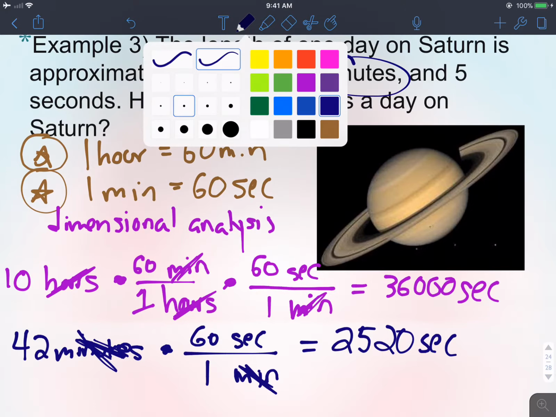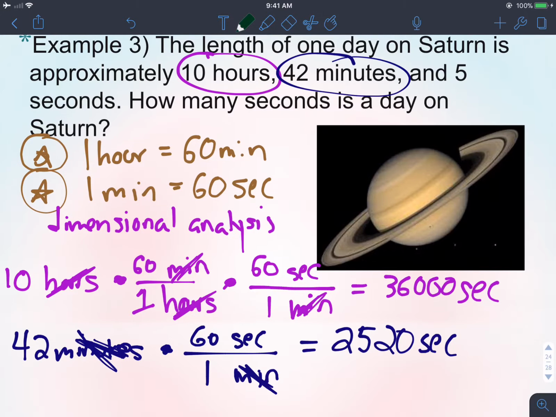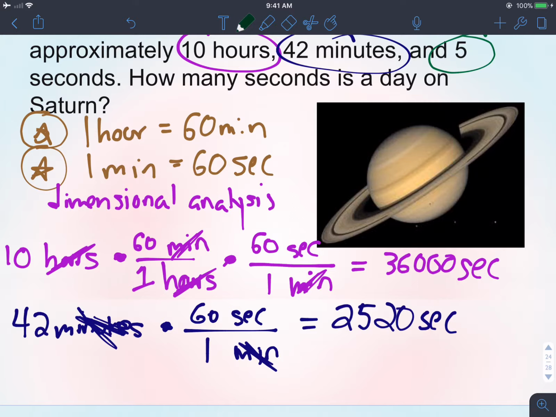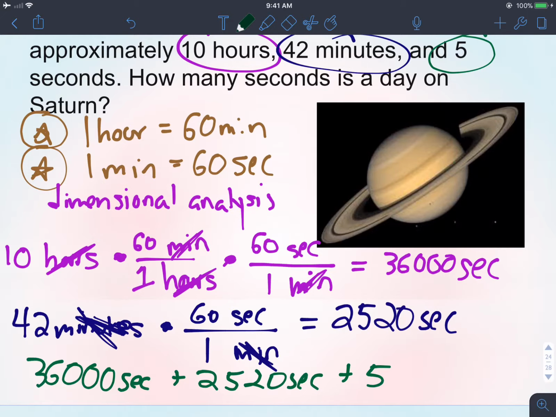Finally, you can put it all together. How many seconds is a day on Saturn? It will be 36,000 plus 2,520 plus 5.